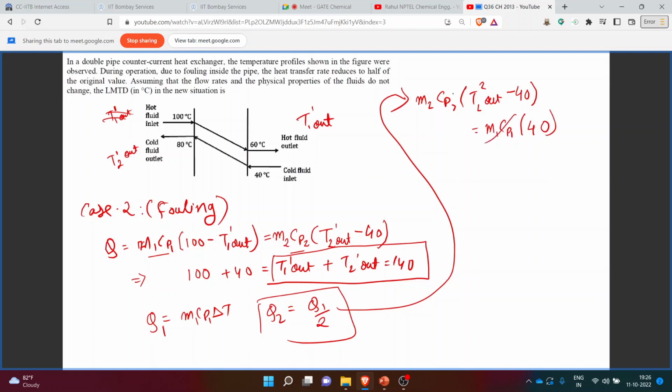So the m1 cp1 will get cancelled out, and we will be getting T1' out equal to 40 plus 40, that will be 80 degrees Celsius.